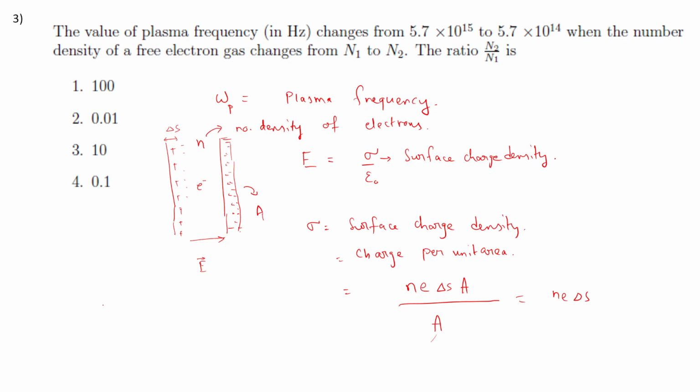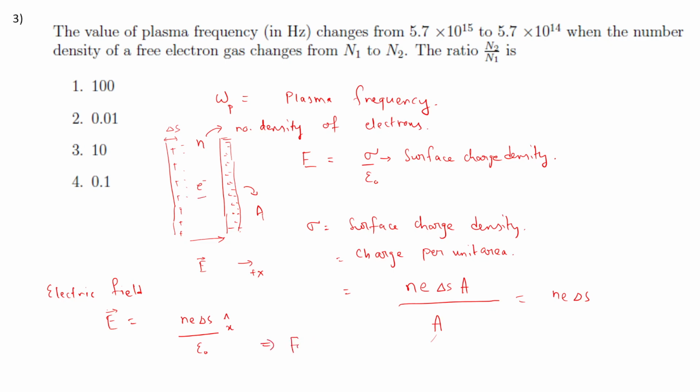So the electric field E inside will have a magnitude of n e delta S over epsilon naught. If we consider the direction, let's say this is the positive x direction, so the electric field will be this much, x cap.